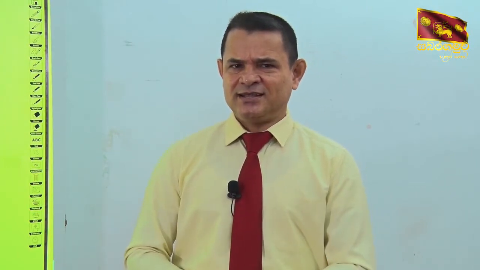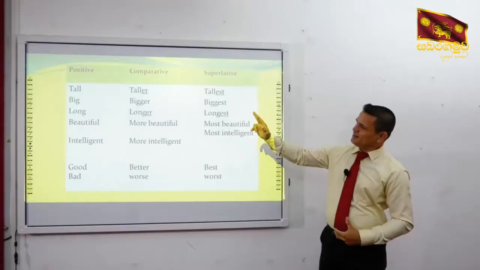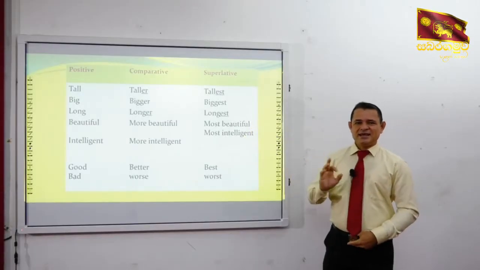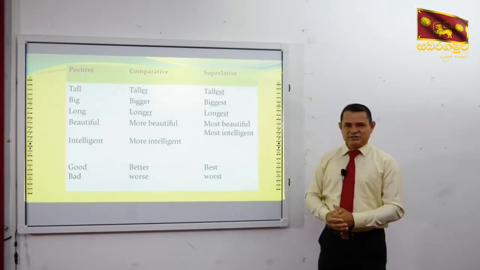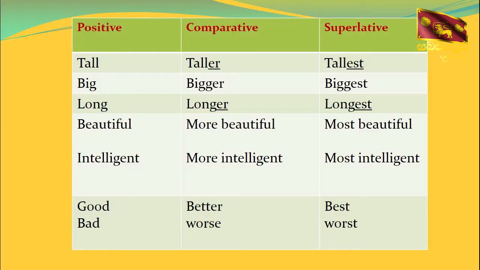The other important thing that you should know is that any adjective has three forms. The first one is called positive, the second one is comparative, and the third one is superlative. Look at these examples. First one, tall, is called the positive form. The second one, taller, comparative, and tallest, superlative.